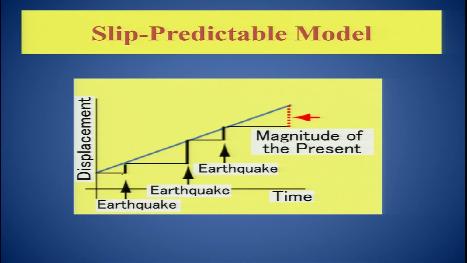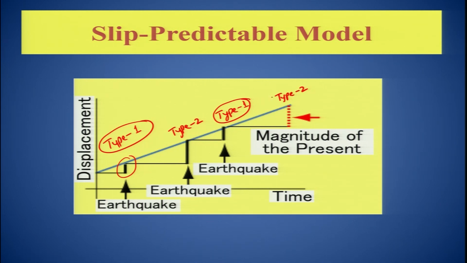So what one can suggest is that this was, for example, a type 1 earthquake, and this is your type 2 earthquake, and this is very much similar to your type 1 earthquake. Now these two you have based on the slip. So what you expect is that the next one will be your type 2.